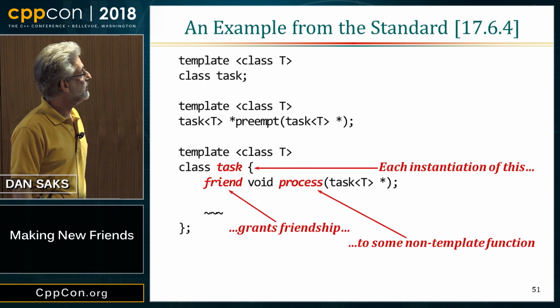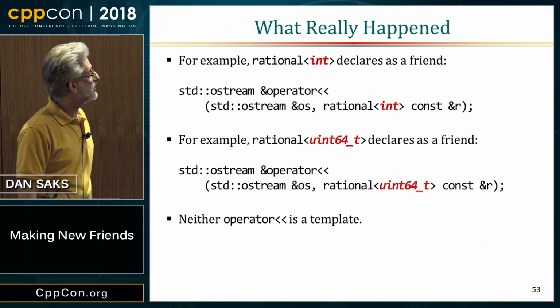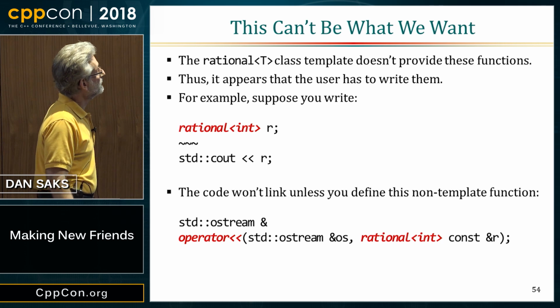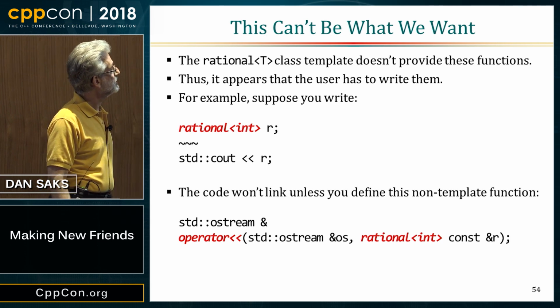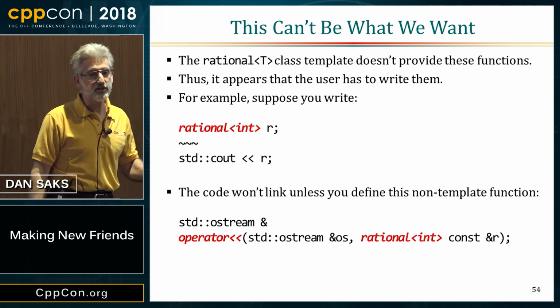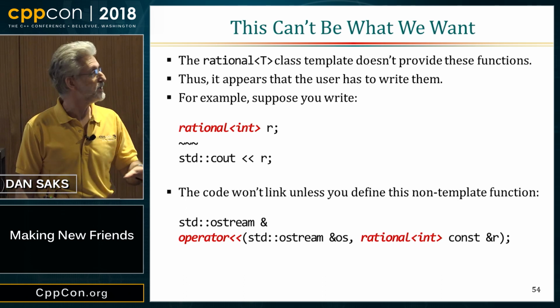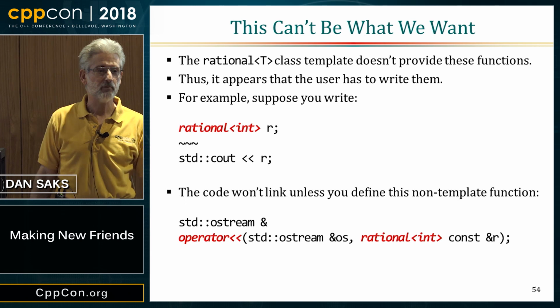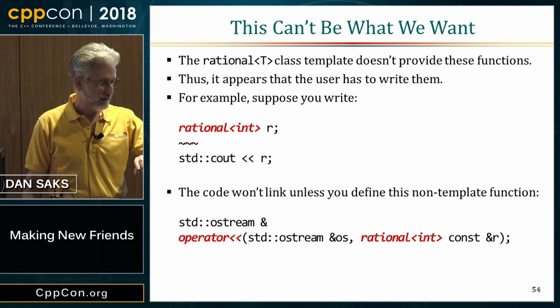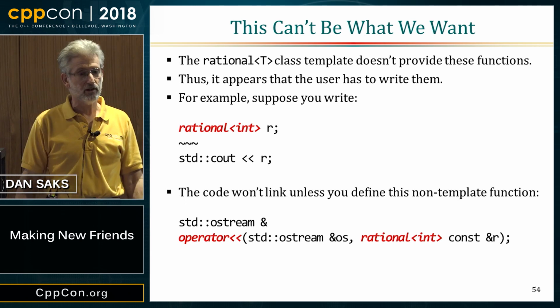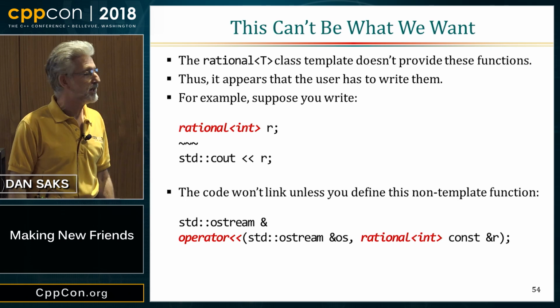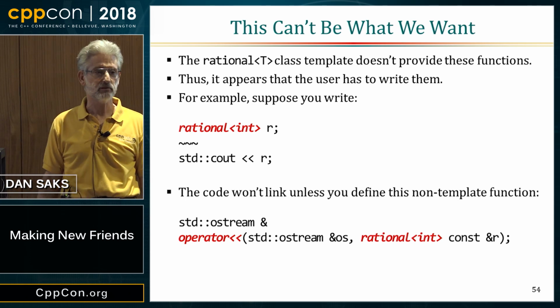So here's what I think. This is now where we are from the user's perspective with what I've given you. As a user, I want to be able to use the rational class template and instantiate it for some type like int. Just create an object R of type rational int, and I want to be able to write it out.